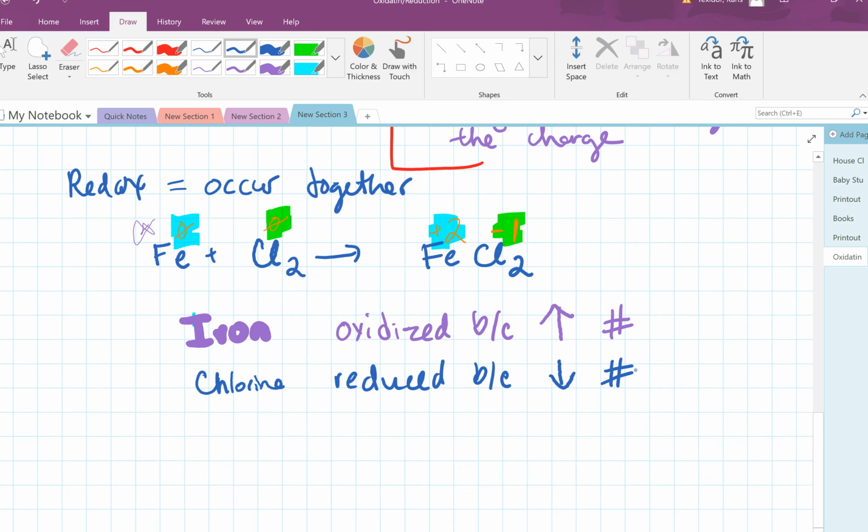Okay, so the two have to go together. Someone has to give up electrons and someone has to take them. So essentially the iron gave chlorine its 2 electrons in order to be reduced to get a lower number, and the chlorine of course had to accept the electrons. So the two go together. You can't have one without the other.